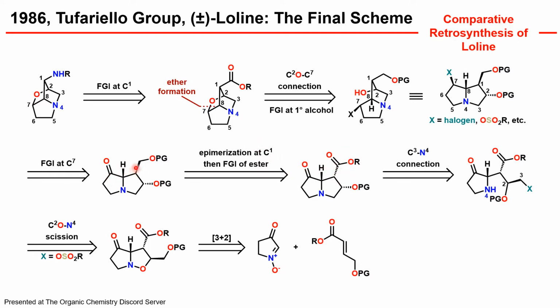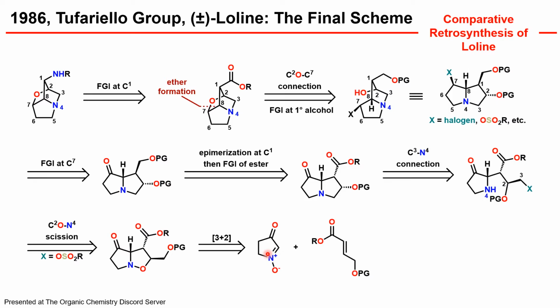So then that's how you get this to be up, whereas this was previously down. Okay, so then moving forward from this intermediate, you just do what we had previously discussed, where you break this CN bond, and you make this NO bond, and then now you can imagine this arising from these two precursors.